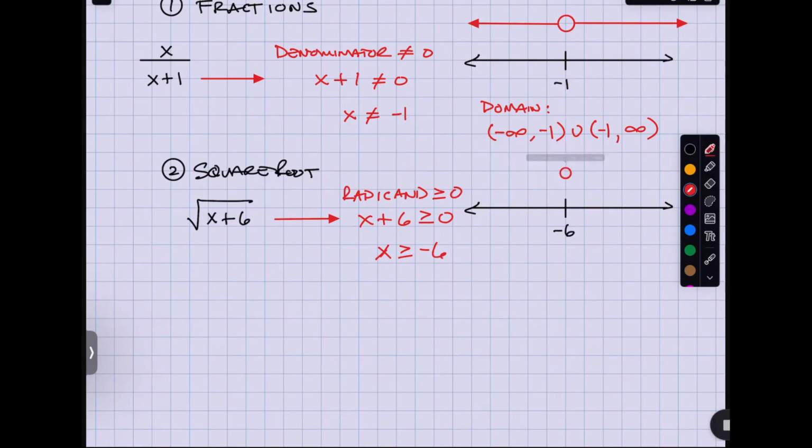Pointing to the left or right? So my domain here is what? Does that make sense?